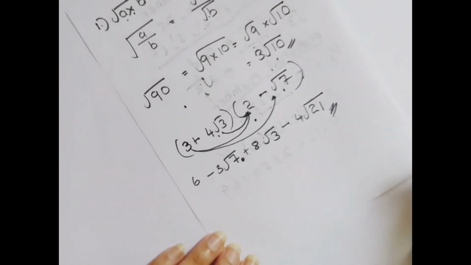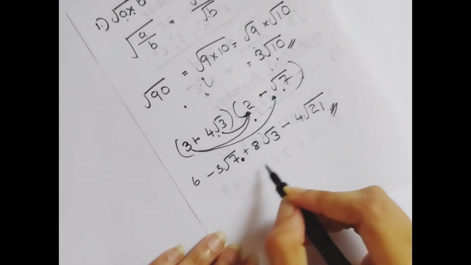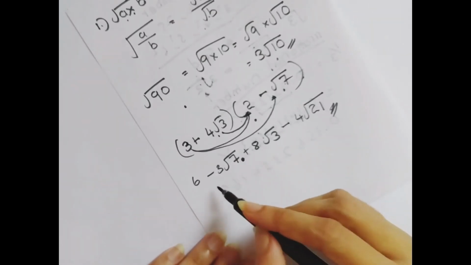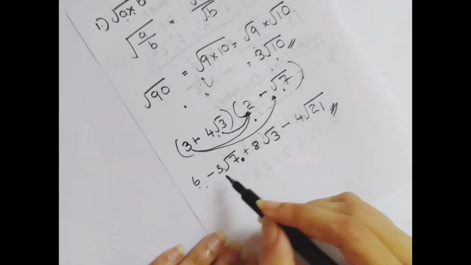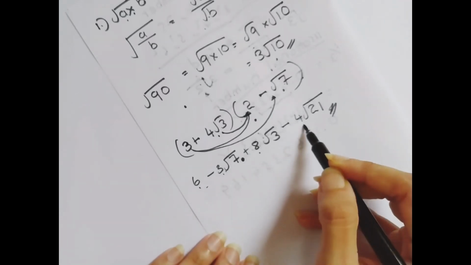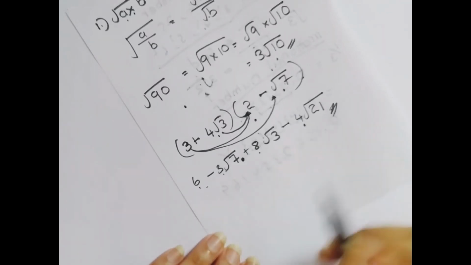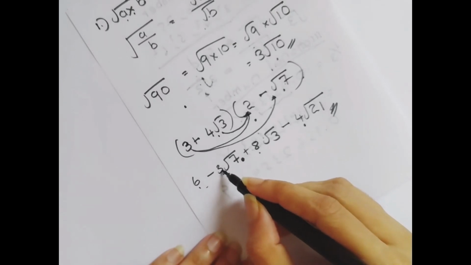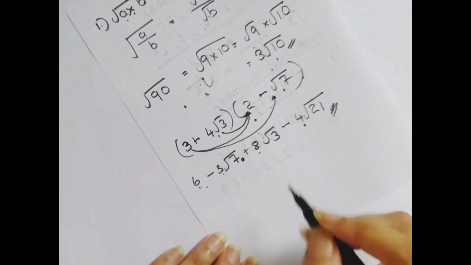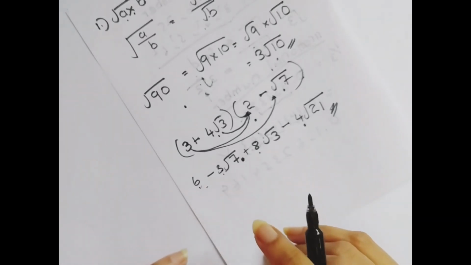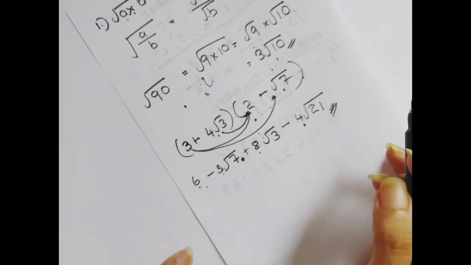So the final answer will be this, because you cannot simplify further. This is all you can do. There are no common terms. This is 6, this is 3, but here it is 8 and 4, so you don't have common factors. If this was 4, then you could take 2 out and make a bracket and do much more simplification. But in this case, you don't have even that.